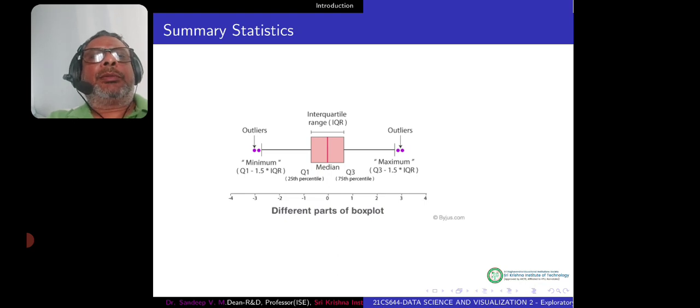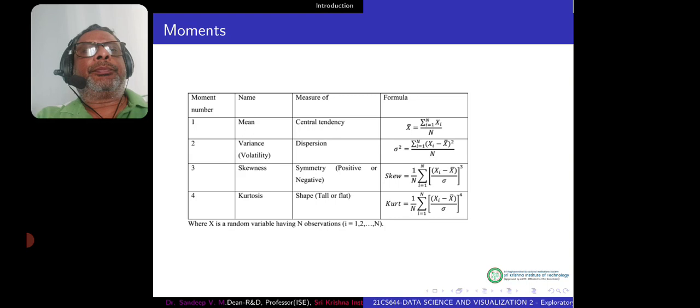Anything below the minimum is an outlier, and anything above the maximum is an outlier. So that is how it is defined. Everything depends on the IQR, the interquartile range, because most of the data lie within this interquartile range.